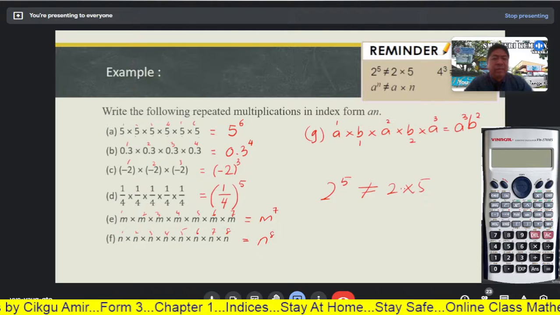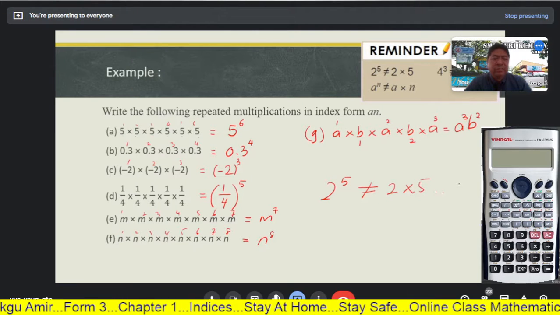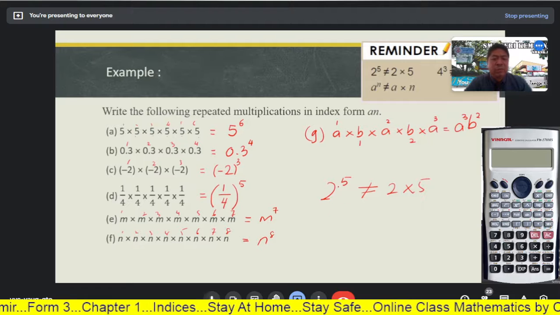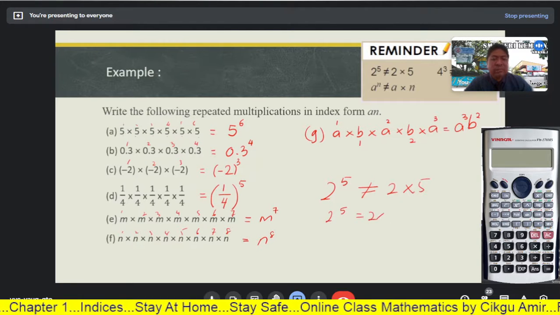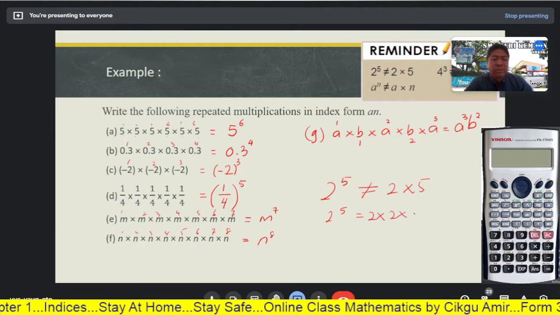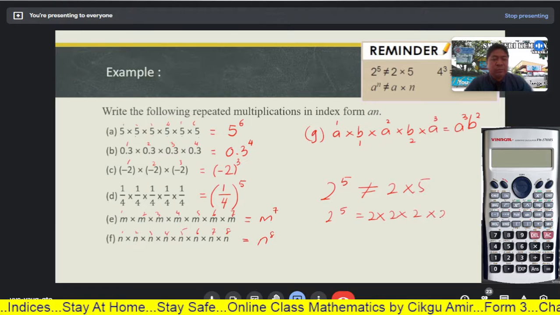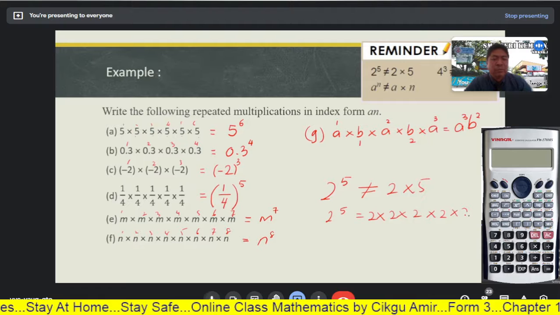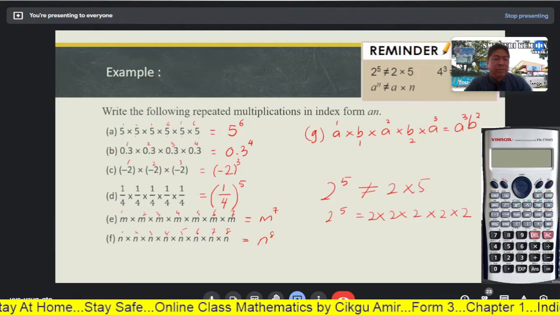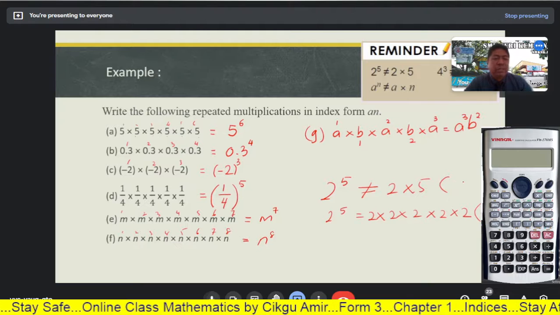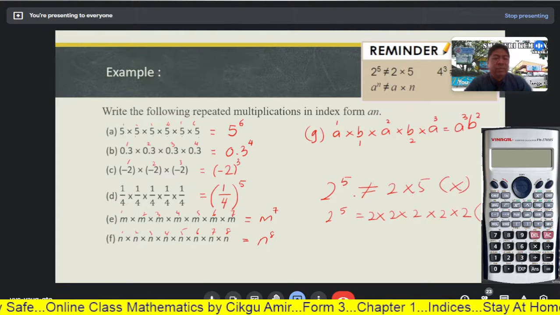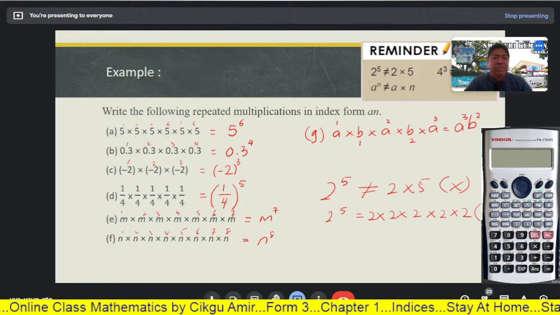This is wrong. 2 to the power of 5 actually is 2 multiplied with 2 multiplied with 2 multiplied with 2 multiplied with 2, 5 times. This is the right one. The first one is wrong. Please remember this.